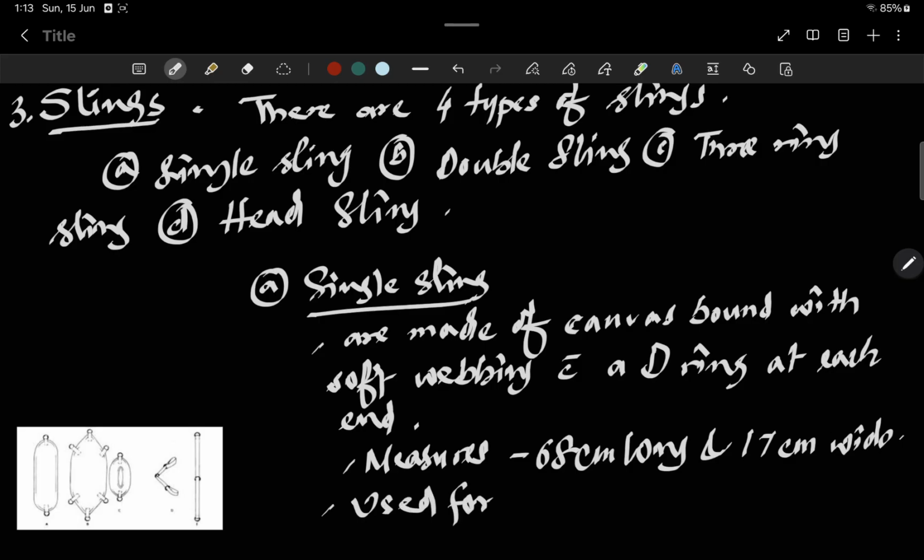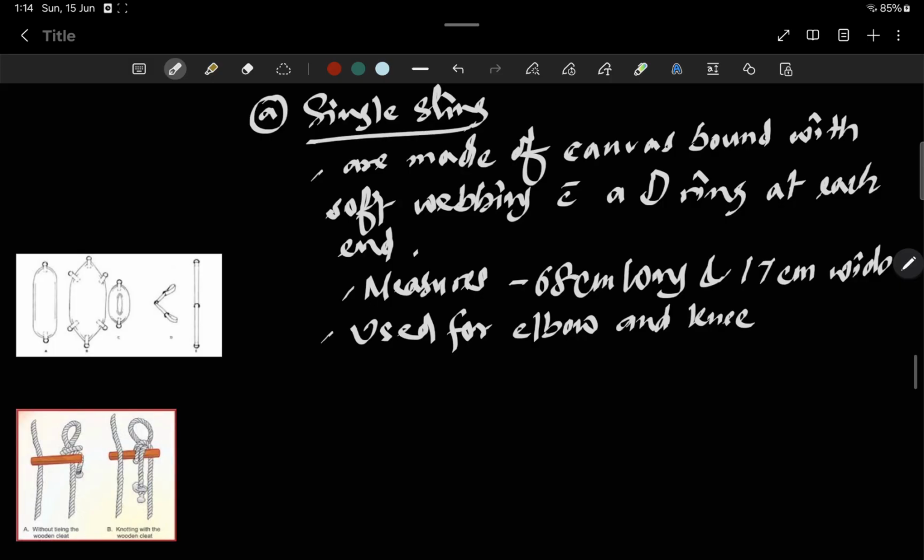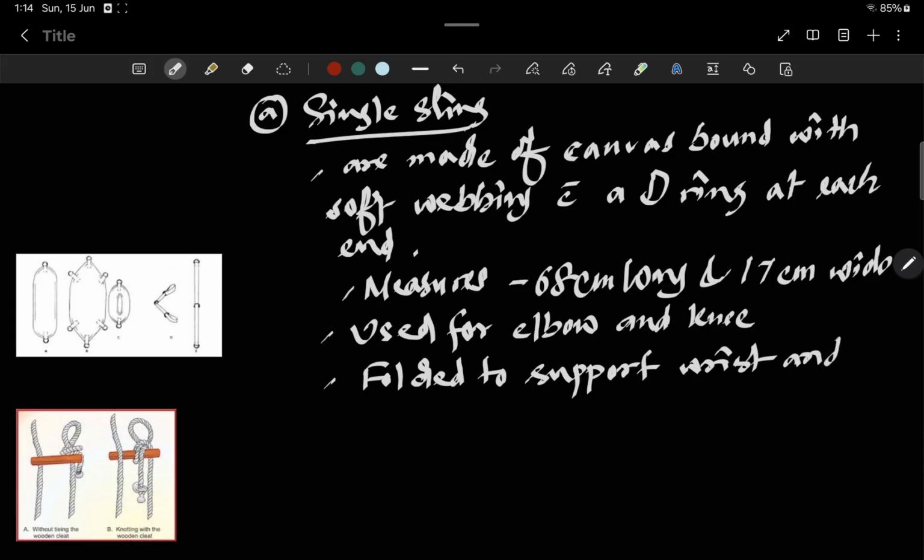Used for elbow and knee. It also folded to support wrist and ankle.